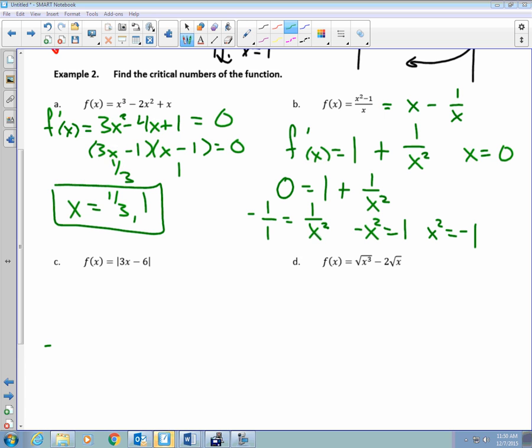What's the solution for x squared equals negative 1? Plus or minus i, and those are not real. So there is no point at which the derivative is equal to 0 for this function. So our only critical value was where the derivative was undefined.